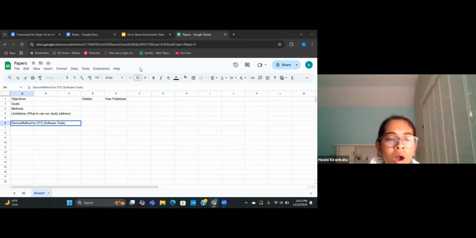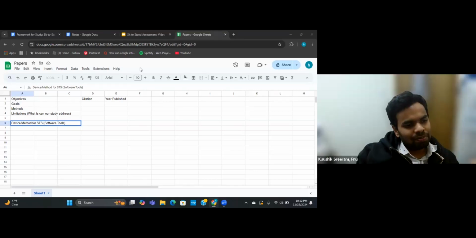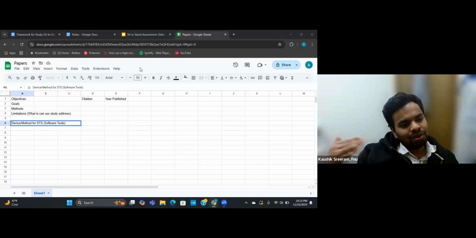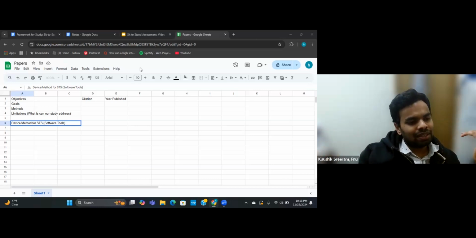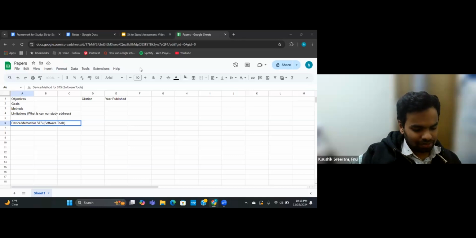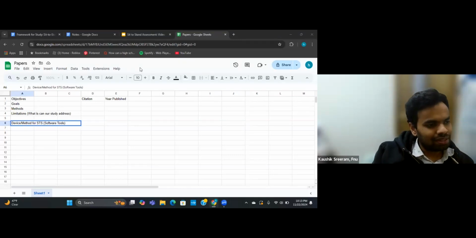So I would encourage you to look into other papers and look for the same trends: what was the cohort of patients they were looking into, and what particular technology did they employ or use? That's what I would say. Yeah, that's about it.